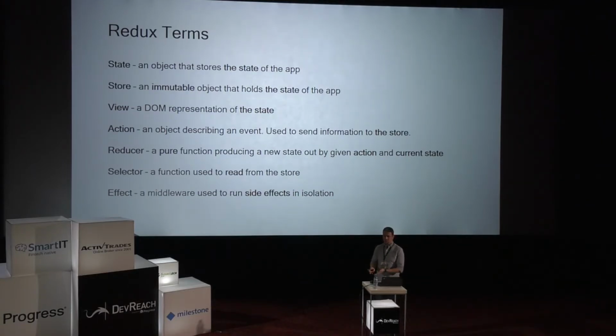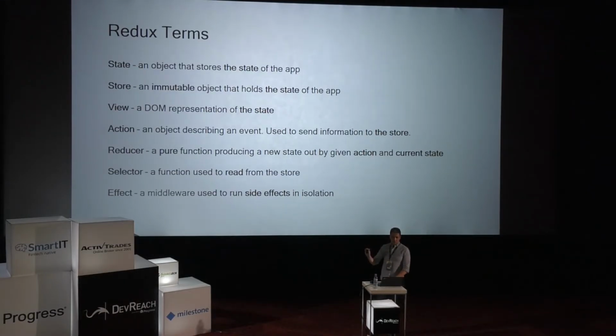We can mutate the state of our app using browser interactions, remote services, and whatnot. So it's very important to manage it at a single place. We also have a view which represents our state, but in the DOM. We have an action, and actions are objects describing events, and they are used to send information to the store. We'll see how this happens in a bit.